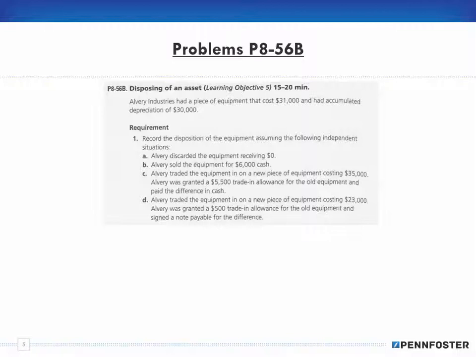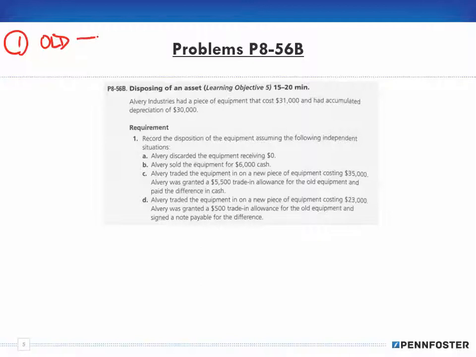Okay, so let me get my pen here. When we're disposing of an asset, if you recall from the theory videos, I kind of looked at it in a basic three-step perspective. The first step is to take the old equipment off the books.